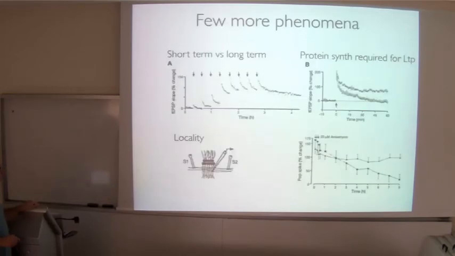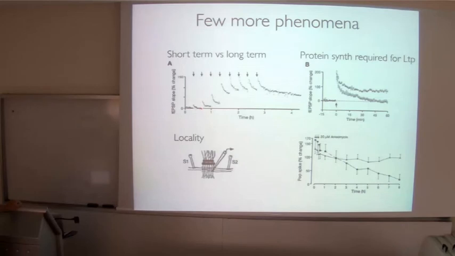So a few other phenomena. One of them is that you get almost always short-term plasticity, but not always. But the long-term plasticity is saturated. So, for example, if you give a tetanus stimulation, you get almost nothing.